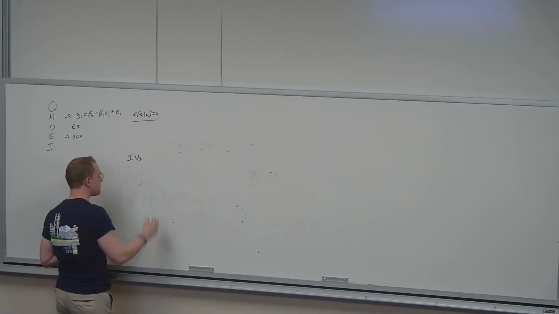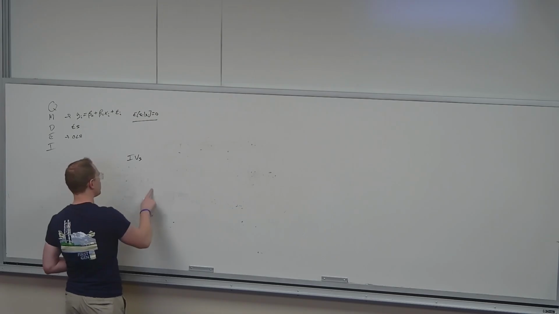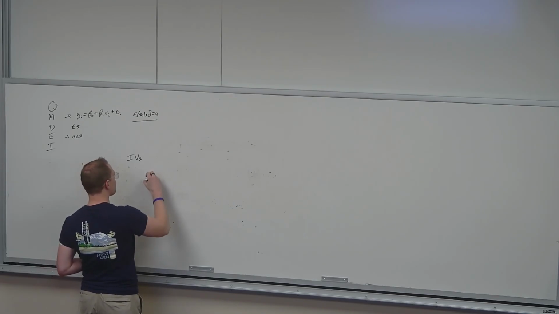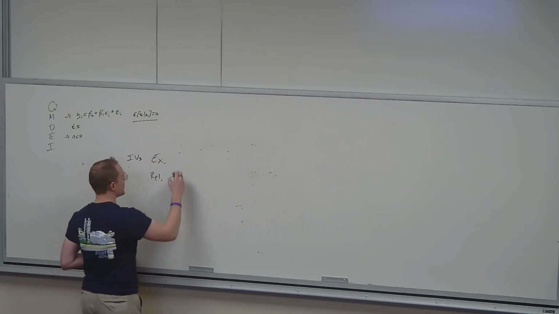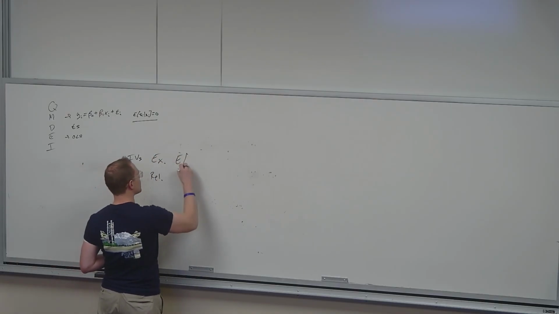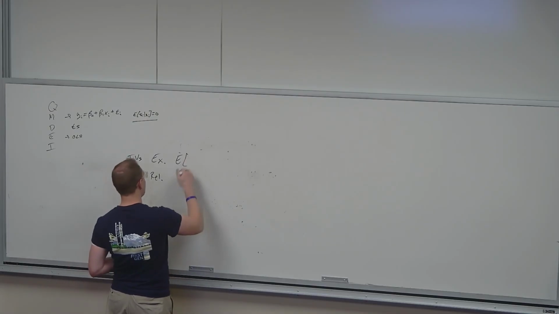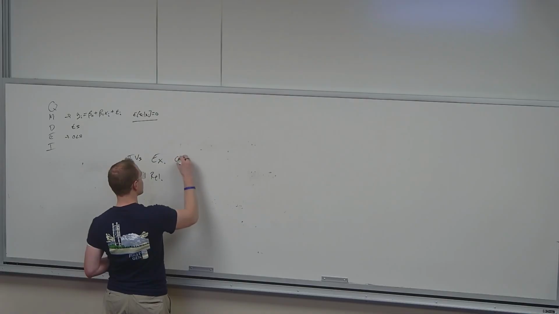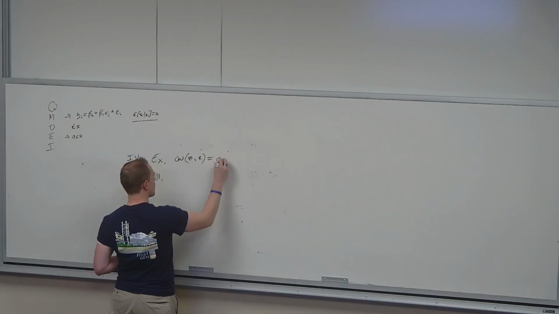For IVs, they depend on two assumptions. What's assumption one? Relevance. Well, I would call that two, but whatever. You have exogeneity and you have relevance, right? Exogeneity says that the covariance between your instrument and your error term is 0.